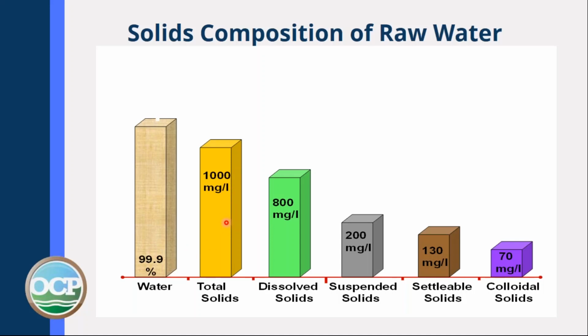Of that 1%, a little less is dissolved solids, suspended solids, and then down here we've got even smaller amounts of solids that we can call settleable or colloidal. Colloidal are solids, suspended solids that don't easily settle.